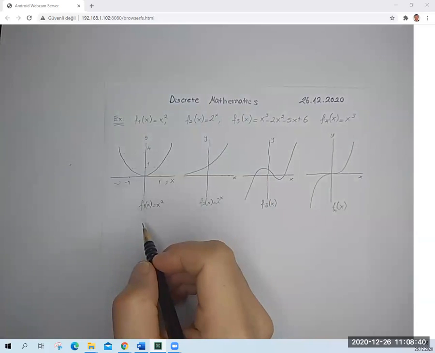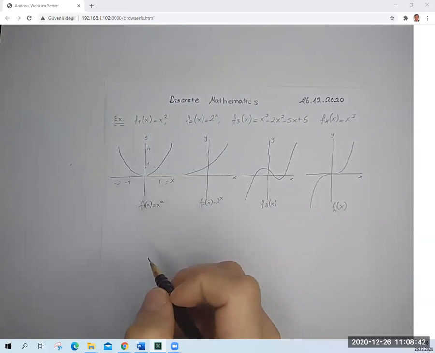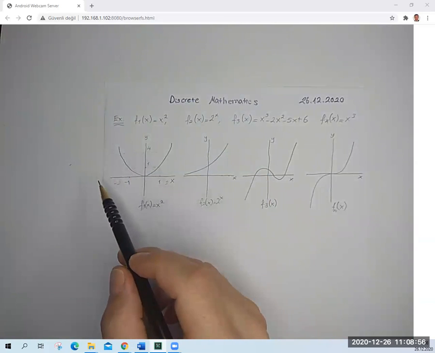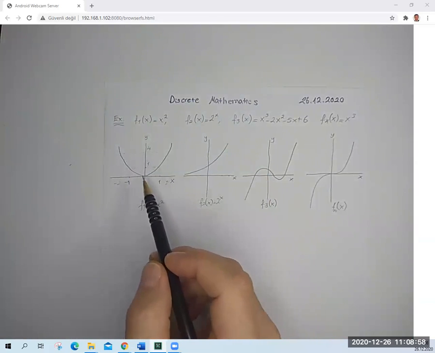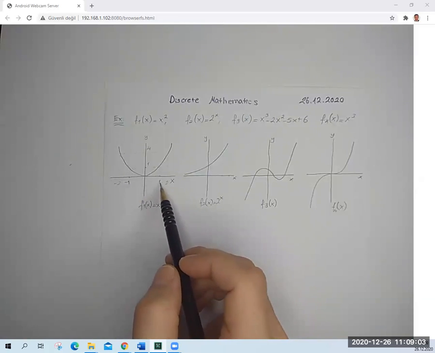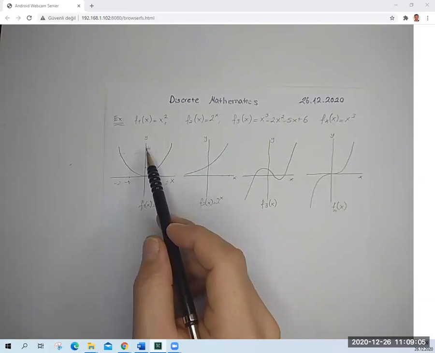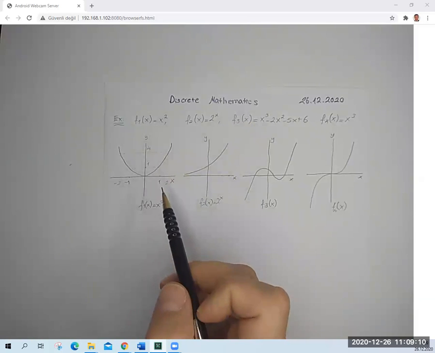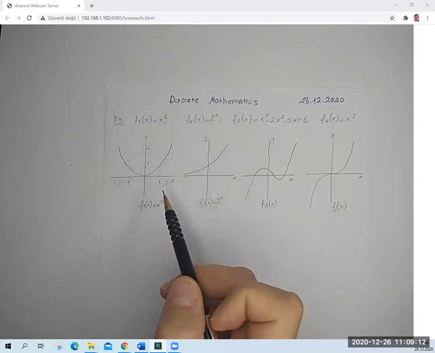So do you think that this is a one-to-one function, F1? No, this is not one-to-one because from the domain set, we have minus 2 and 2 and minus 1 and 1 coming to the same image set.